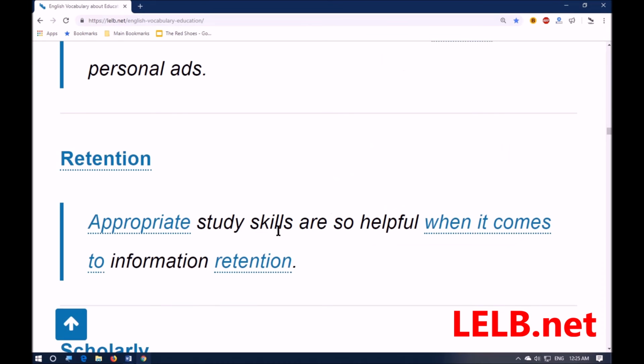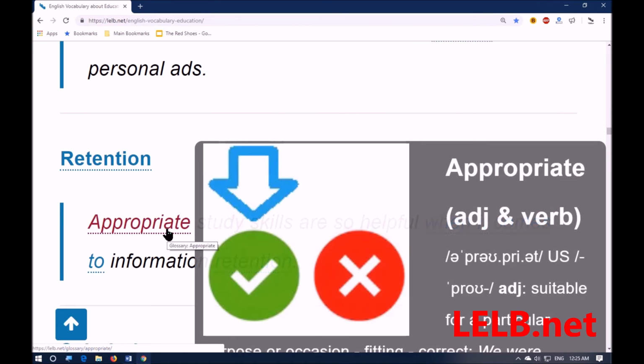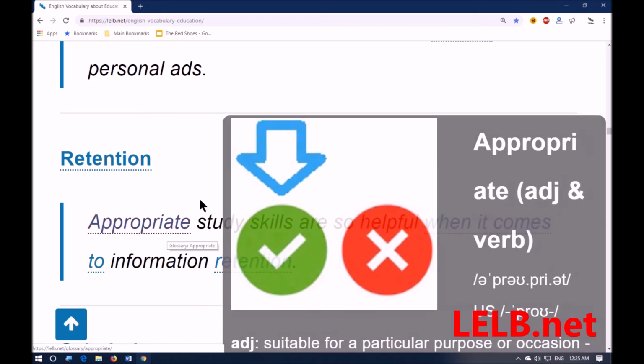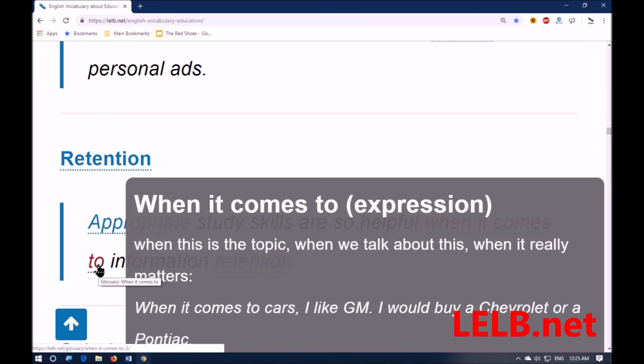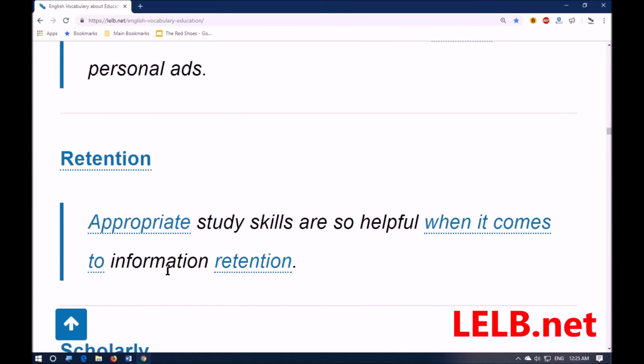Appropriate means proper, correct, and good. Study skills are so helpful when it comes to, when we talk about this, when it really matters. Information retention: retaining, sustaining, and keeping the information, memorizing that.